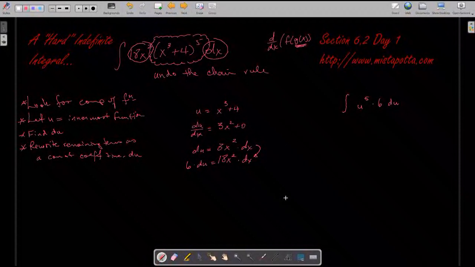Notice that doing this substitution, being able to rewrite my integral as a function of u with a du term, allows me to find something that's relatively easy to find the antiderivative of, especially if I rewrite it as 6 times u to the 5th du.